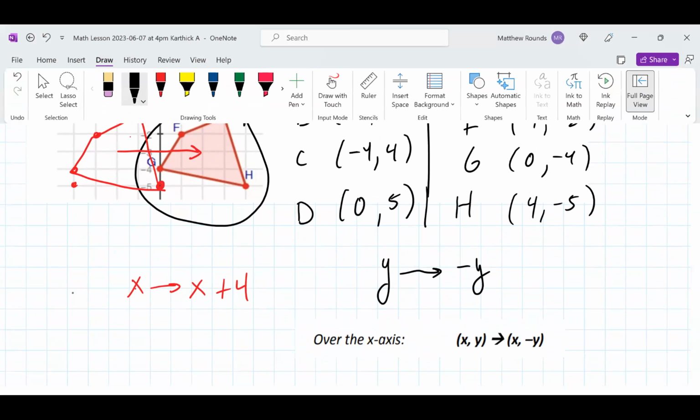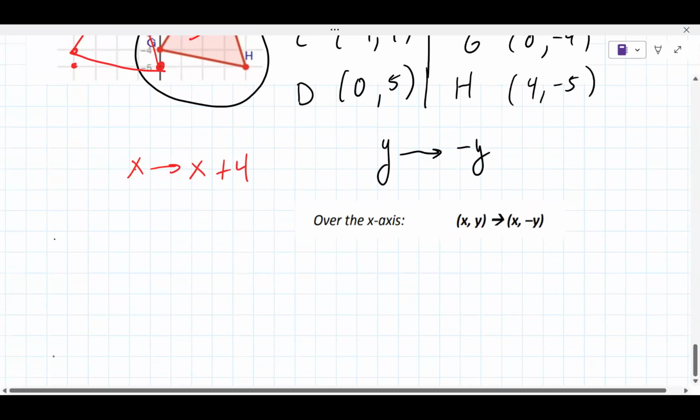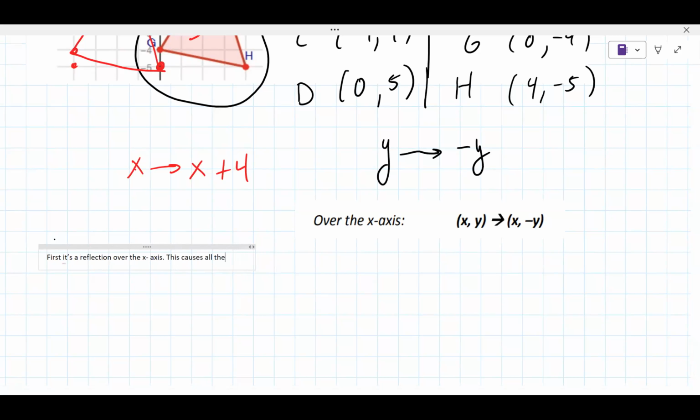So the order doesn't matter. You can say first, it's a reflection over the x-axis. This causes all the y values to be negated.